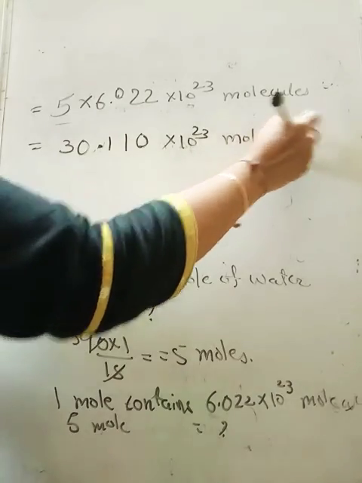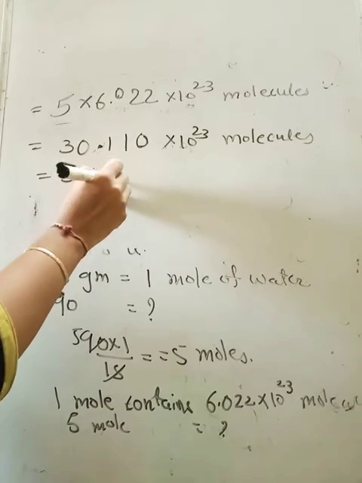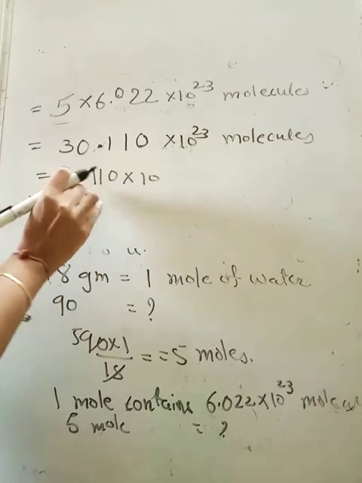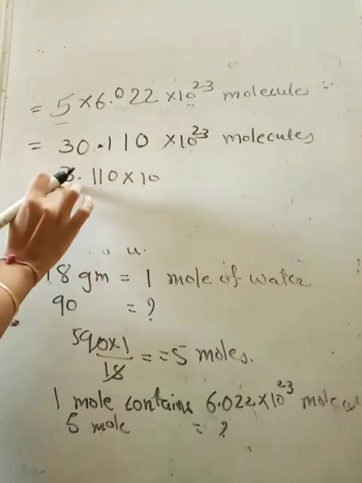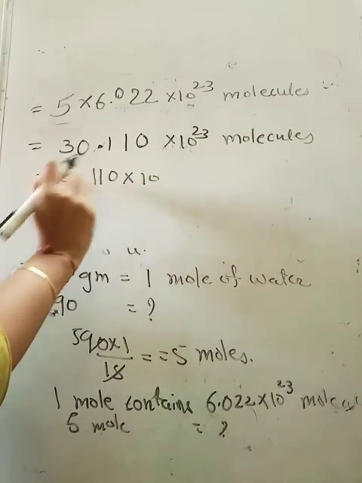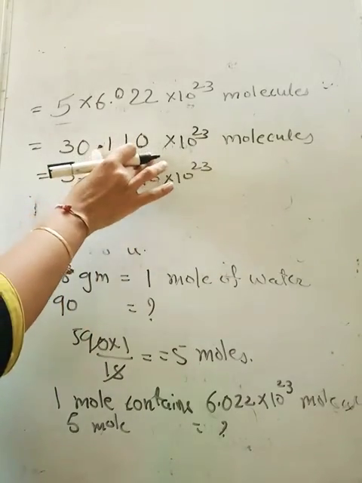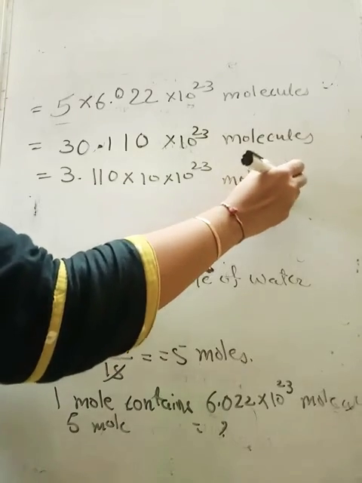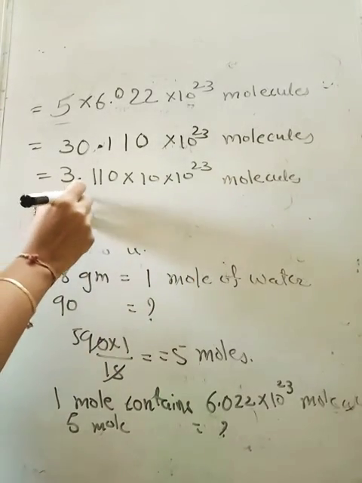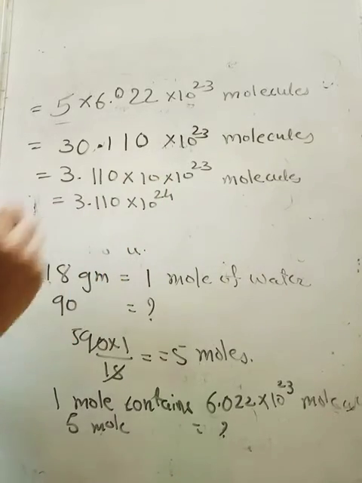And if you remember, we always write the answer with one number between 0 to 9 before the decimal. This 30 I will write as 3 into 10. If you leave it here too, that's fine, but this is the ideal way. The first digit should be between 0 to 9.